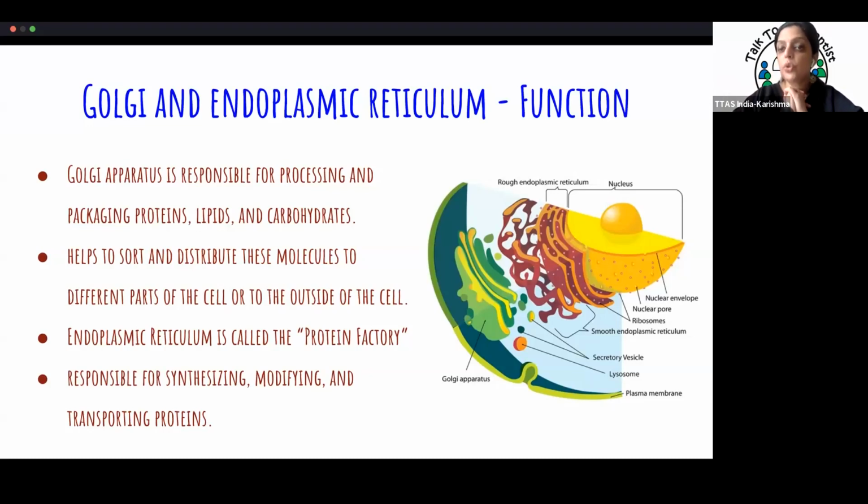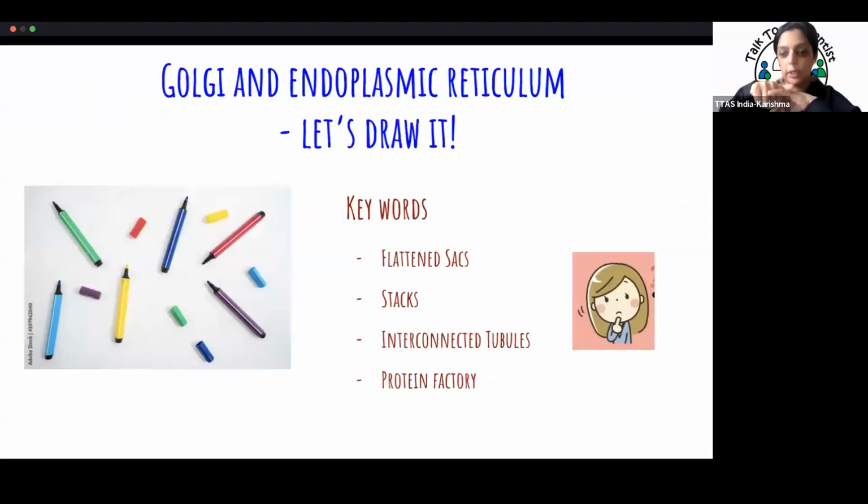So now we are going to draw the Golgi and endoplasmic reticulum in the cytoplasm. In the next slide, what are the key points? They are in the cytoplasm, they are flattened sacs, they are stacks, so they are arranged one on top of the other, they are interconnected, and they make proteins. So how will you want to represent this? Well, we told you it's getting complicated.